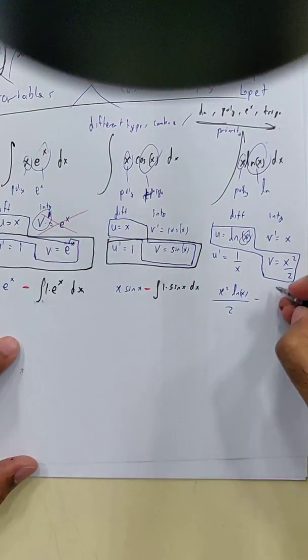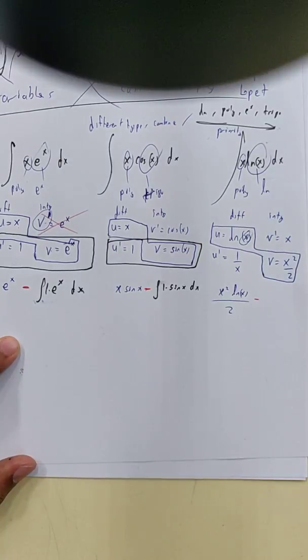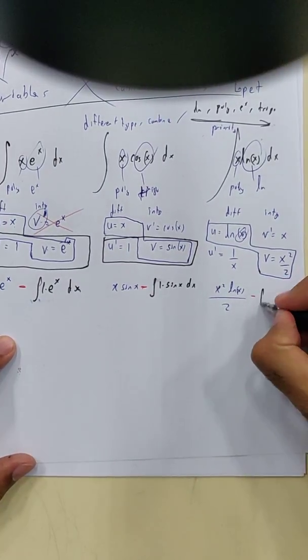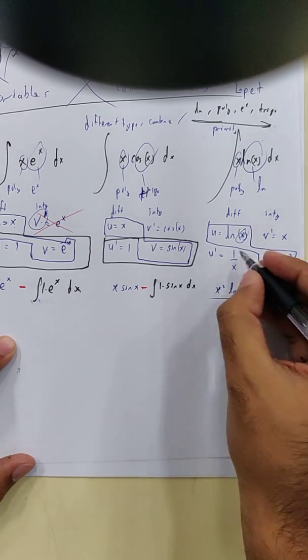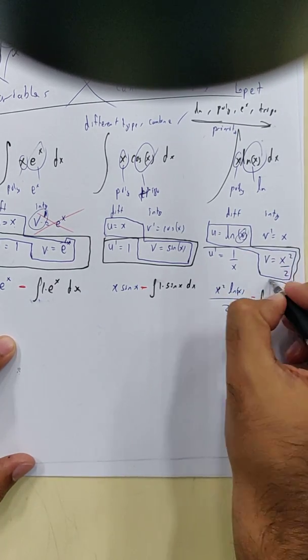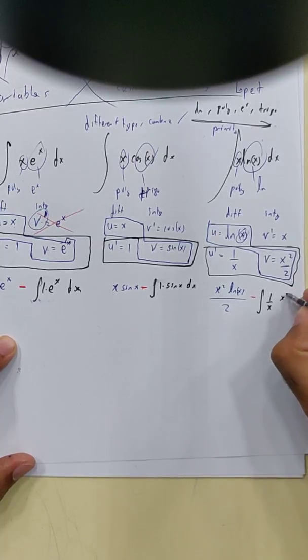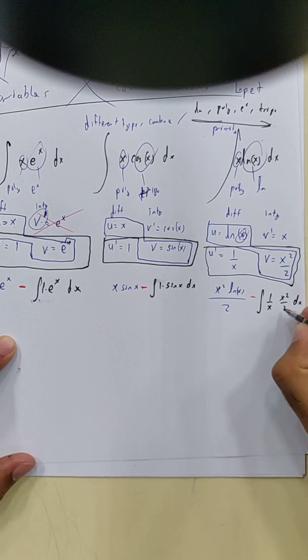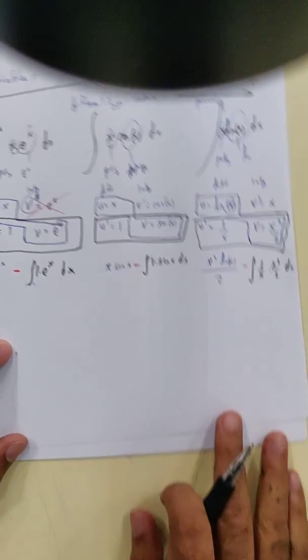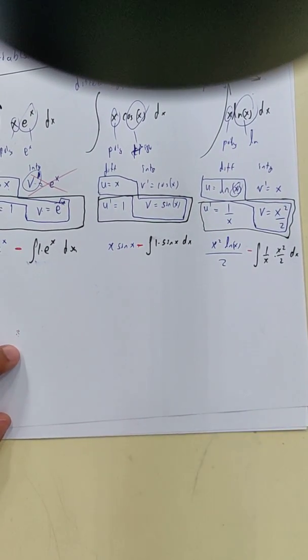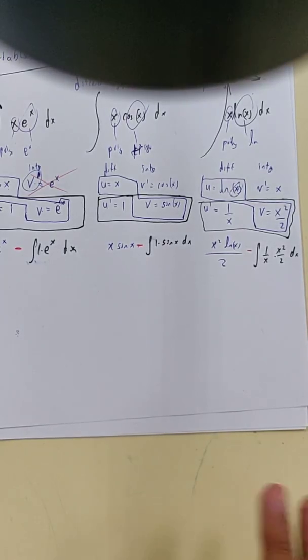Minus, and then what's next? Integrate of what? The bottom part, sir. Well, you can argue with me. 1 over x, x squared over 2 dx. Are you okay? Now can you see the pattern? Not difficult to memorize.